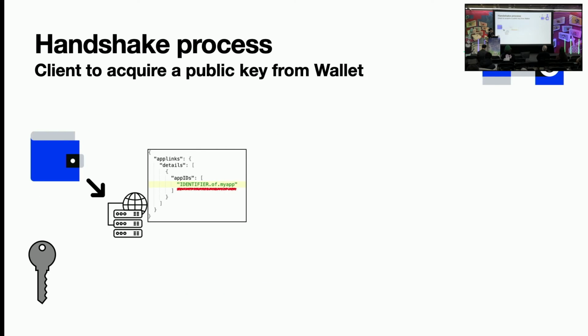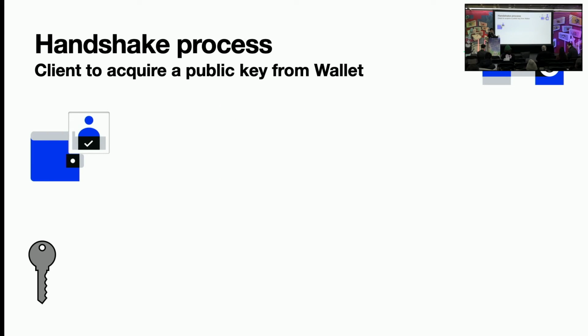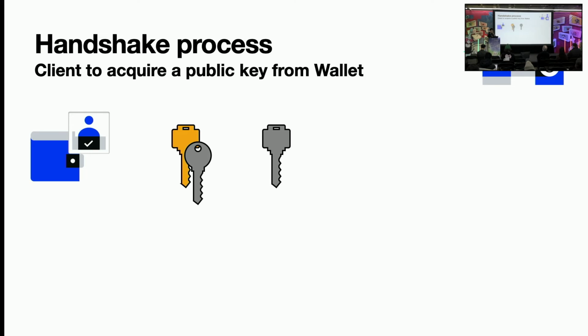On the wallet side, it checks whether the domain is actually configured for this client app. And if it's valid, it asks for the user's confirmation. And if the user allows, the wallet creates a key pair for this session. And with the public key of the client app, the wallet can derive a shared key.